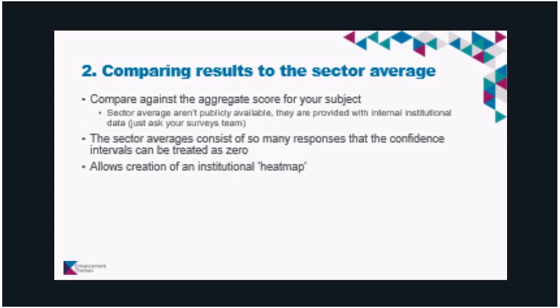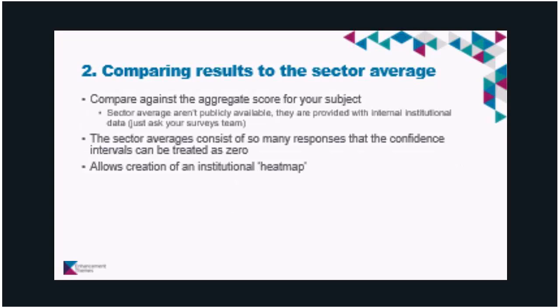For some questions where there isn't much variation, there's a lot of bunching, and really everyone is much of a muchness, and dividing them even into quartiles creates a bit of an illusion of difference. So what you can do is compare against the aggregate score for your subject. So that's where, say, there's an average for nursing for question 15 where all of the scores for nursing are combined into a sector average.